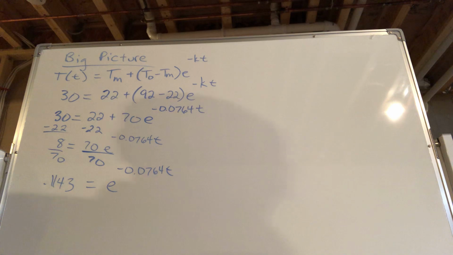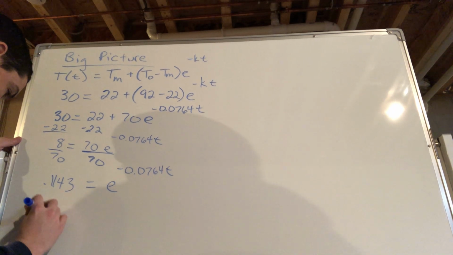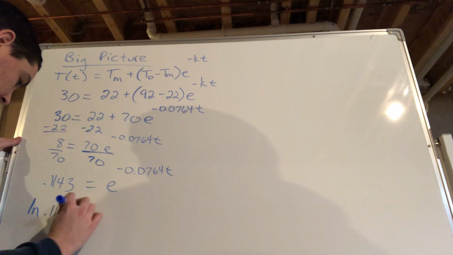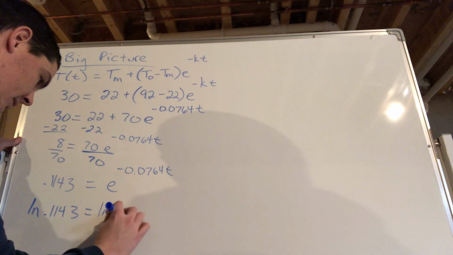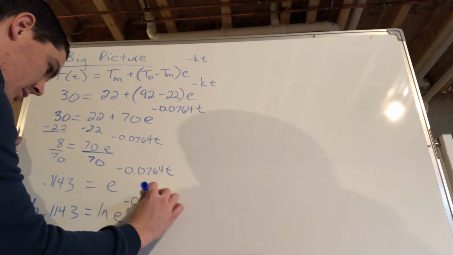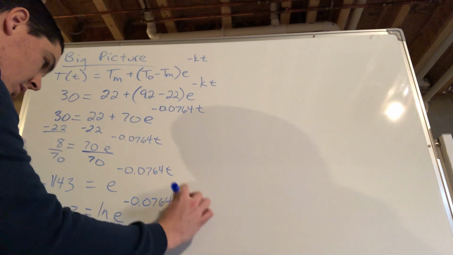Okay, now we're to the point where we need to move that exponent down. Well, again, how do we do that? In order to move that exponent down, I have to take a logarithm of both sides. So I have to take ln of both sides. So it's going to be ln of 0.1143 is equal to ln of e to the negative 0.0764 t.